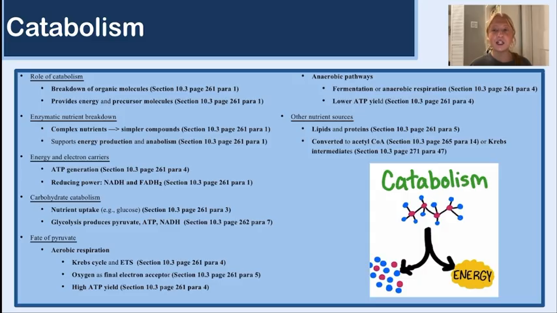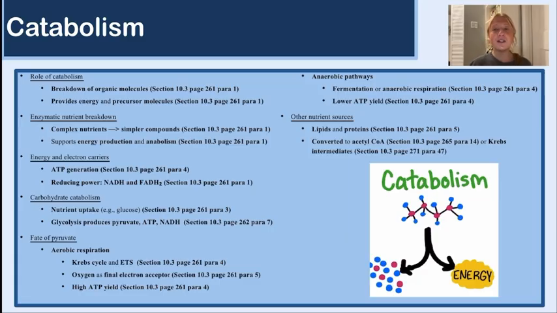And they break these down into simpler compounds that cells can use for energy production or as building blocks for anabolism. So during catabolism, cells generate ATP as well as reducing power in the form of NADH or FADH2, which are essential for transfer of energy within the cell.